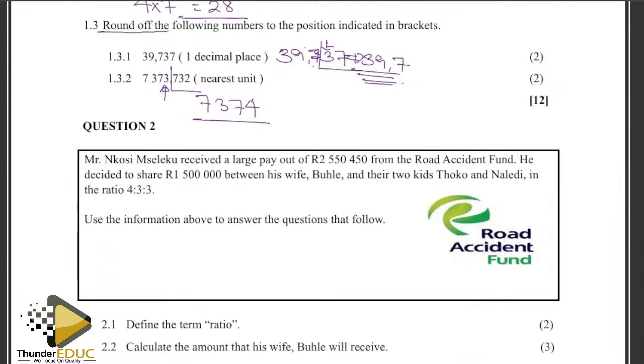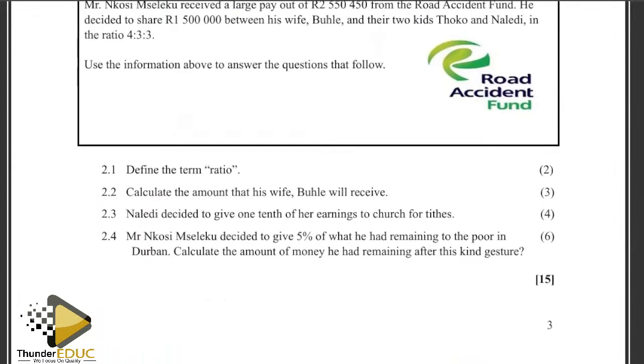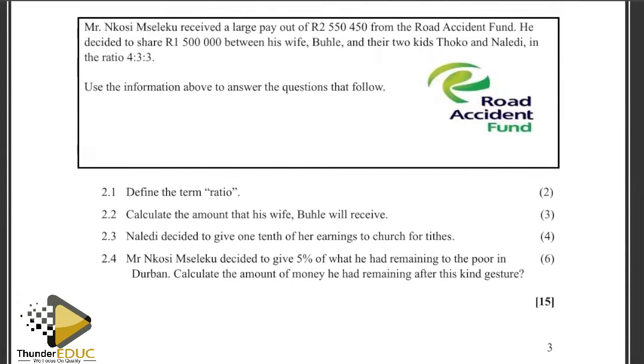We look at question number 2. Mr. Nkosi Marcelina received a large payment of 2,555,450 from the Road Accident Fund, RAF.